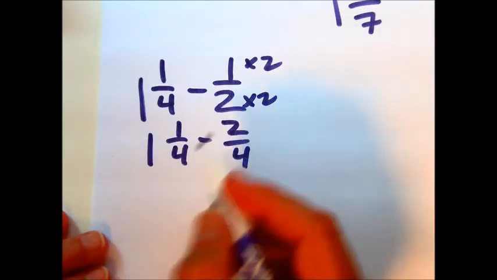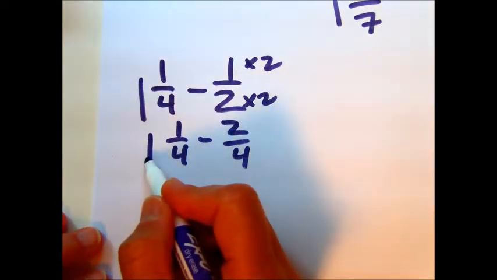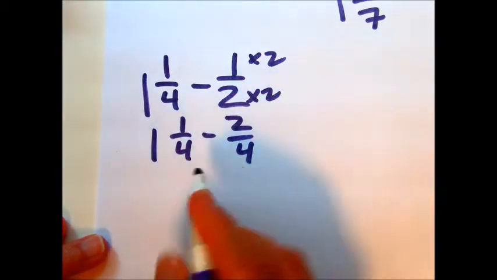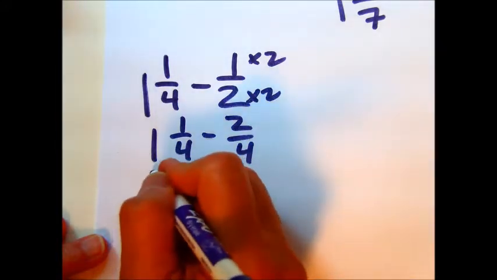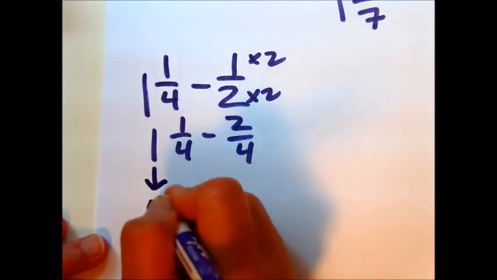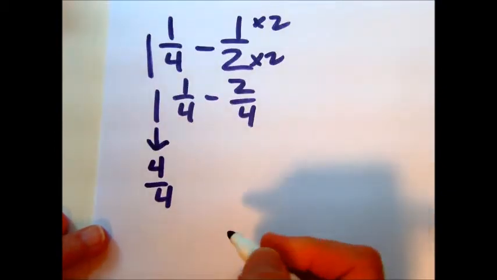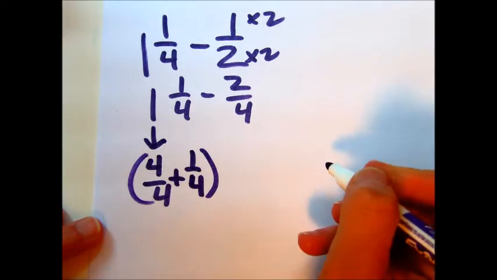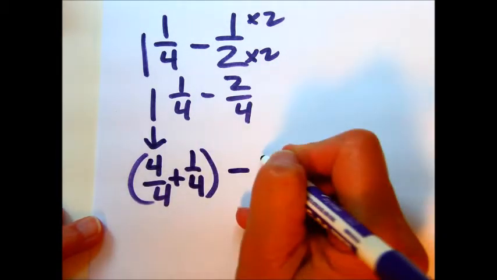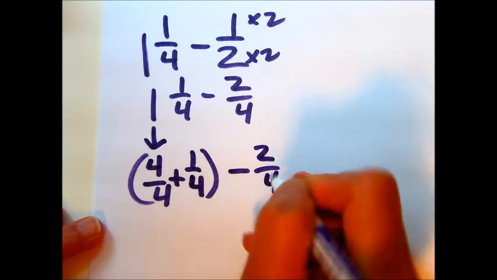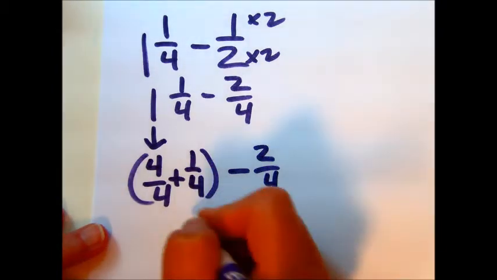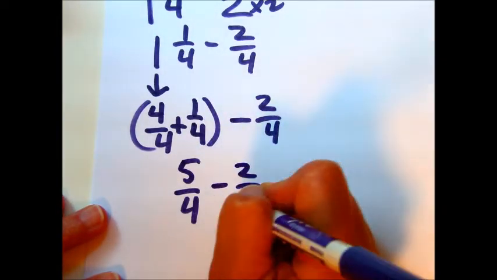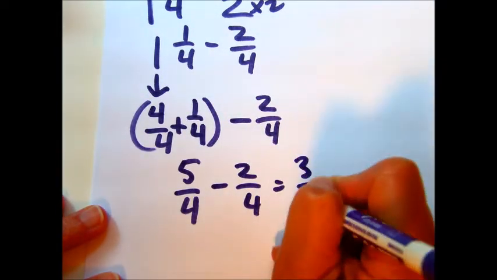So I'm going to borrow 1 and make it into 4/4. And then I'm going to combine that to the 1/4. So this 1 becomes 4/4. And then I'm going to add it to the 1/4. And then once I add that, then I can take away the 2/4. So 4/4 plus 1/4 is going to give me 5/4 minus 2/4 equals 3/4.